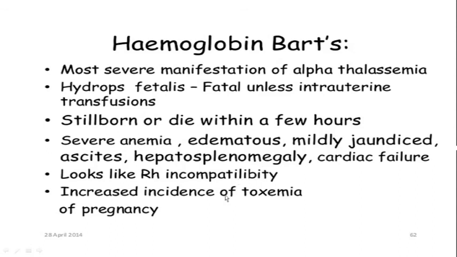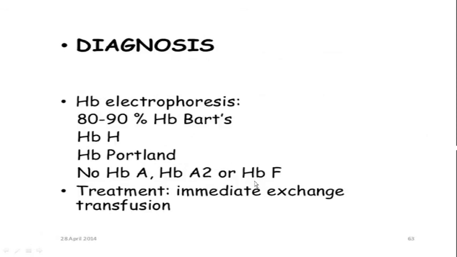And so it almost presents a picture sometimes looking like an Rh incompatibility. So diagnosis is again through Hb electrophoresis, and treatment for Hb Bart is immediate exchange transfusion or intrauterine exchange transfusion.